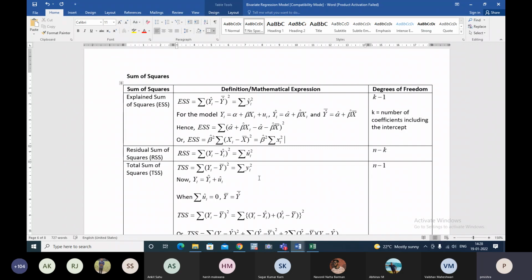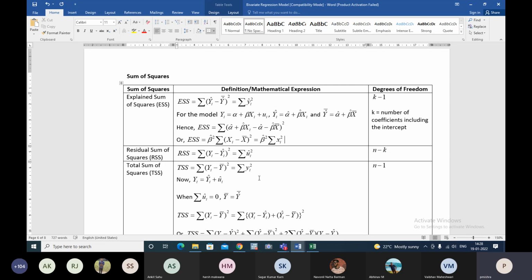Two concepts are very, very important here. One is the decomposition of total sum of squares into these two components, the explained sum of squares and the residual sum of squares. And the other important aspect of it is the corresponding degrees of freedom.